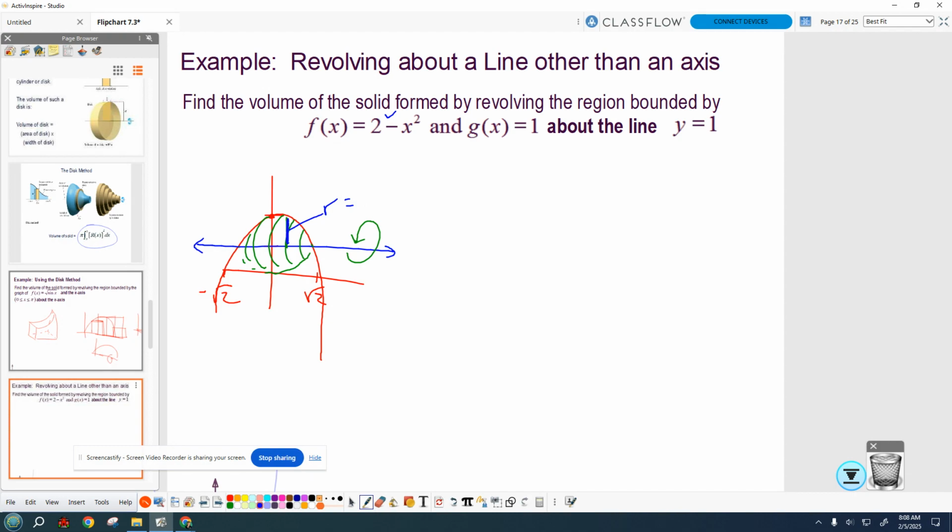See that? Top minus bottom, yes. So simplifying that, the radius is actually 1 minus x squared.